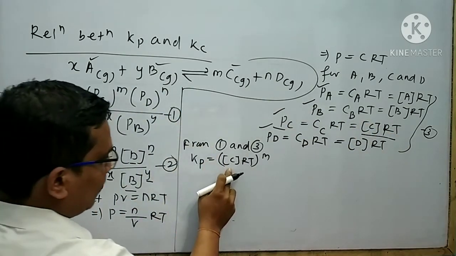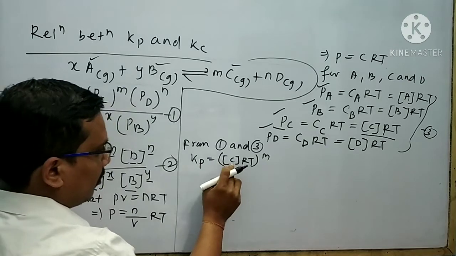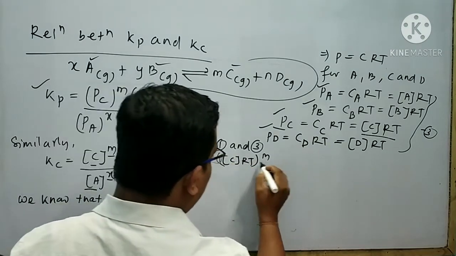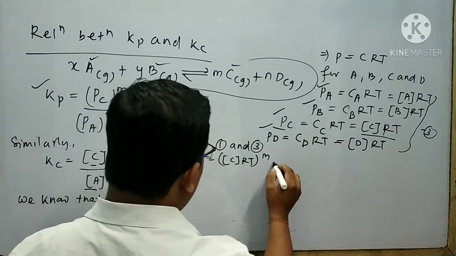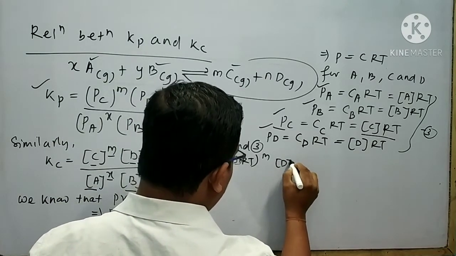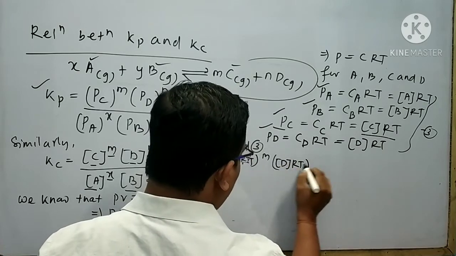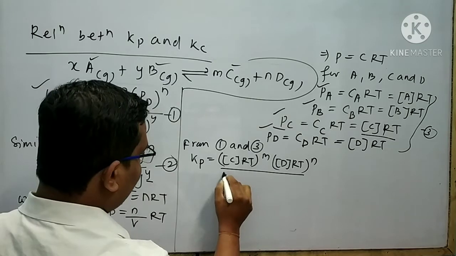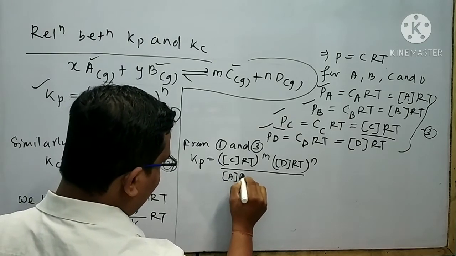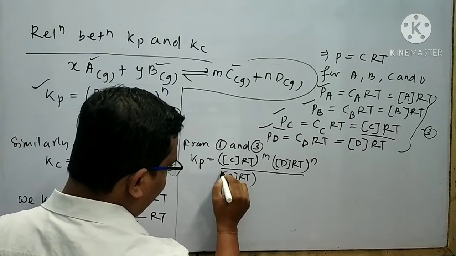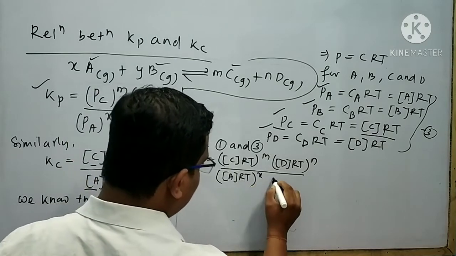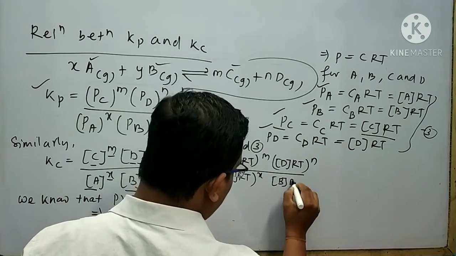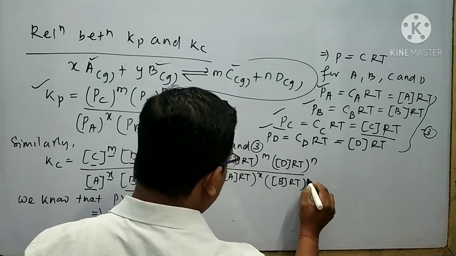Like that, I can also write molar concentration of D RT power N divided by molar concentration of A RT whole power X into molar concentration of B RT whole power Y.